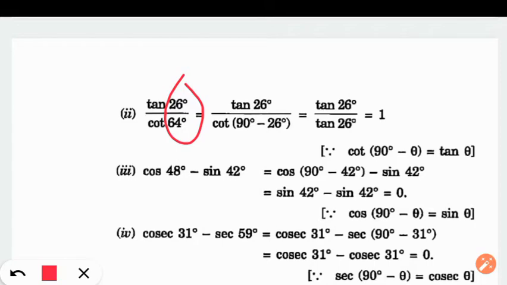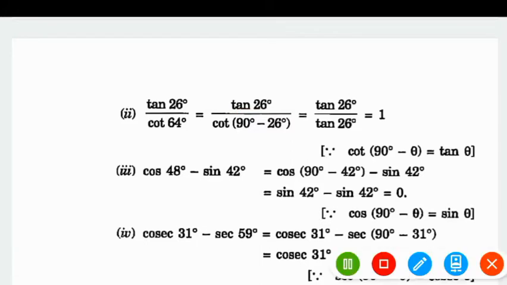So see, tan 26 degrees stays as it is. Now in place of cot 64 degrees, can we write 90 degrees minus 26 degrees? Yes, because 90 minus 26 gives 64.